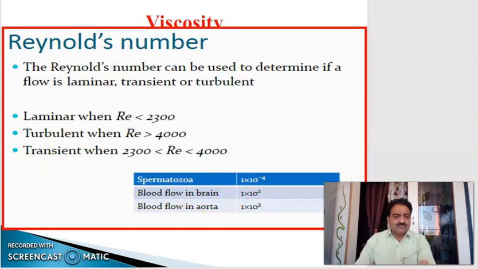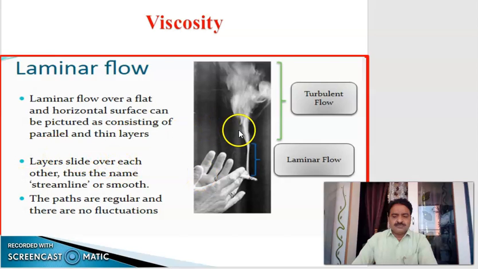In the same figure, I will show you the range of the flow of fluid. From this to this is streamline. From this to this we say transient, and from this to this is nothing but what? Turbulent flow. In this way, we can say that laminar flow, turbulent flow, and transient flow depend upon the Reynolds number.